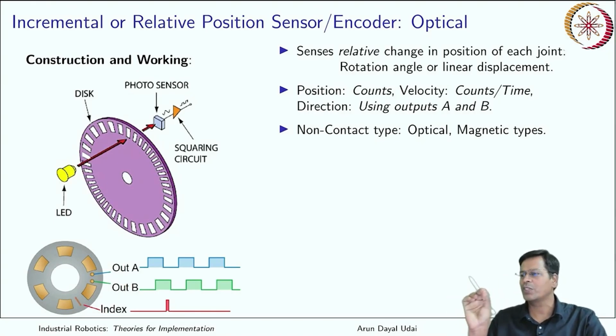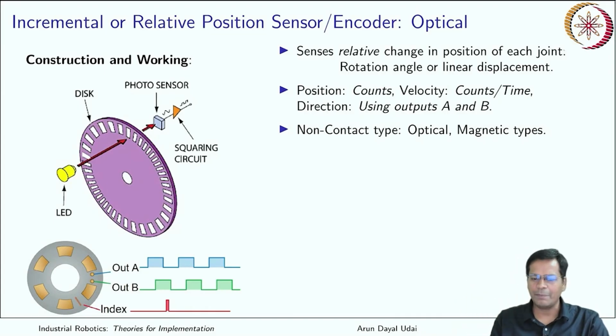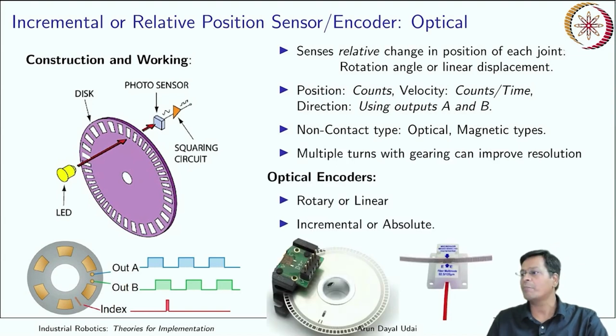You can have 1, 2, 3, 4, 5, 6 like that, n number of them, so it can be very, very dense. Those kinds of sensors are also there. That is also a non-contact magnetic tape type. And multiple turns with gearing can improve the resolution.